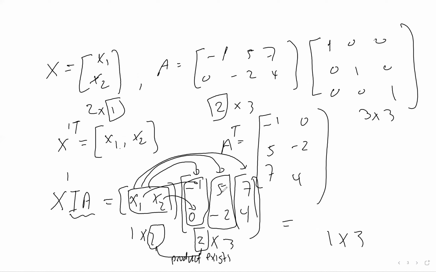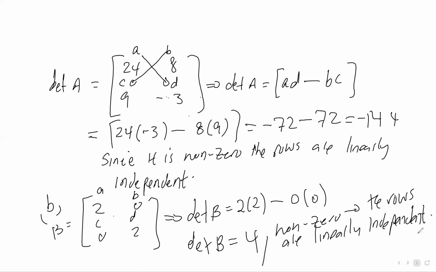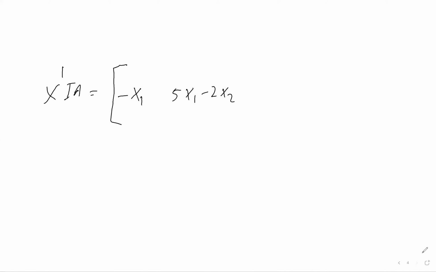So x1 times 5, 5x1 minus 2x2. Same thing, 7x1 plus 4x2. So then you have -x1, 5x1 minus 2x2, and 7x1 plus 4x2. So that's your product that you will get.